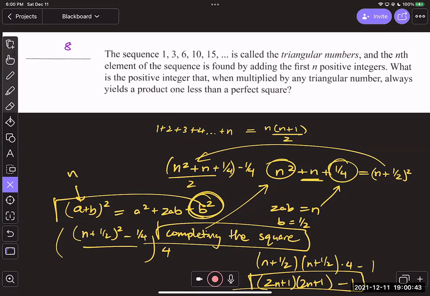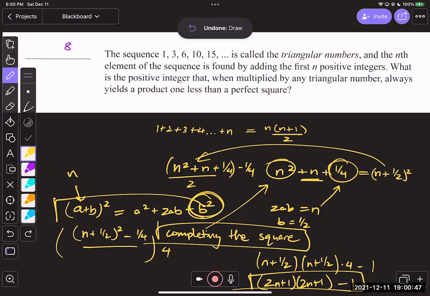But yeah, this is completing the square, and this idea up here is very standard for that. Are there any questions? But yeah, trial and error would also get you your answer here.